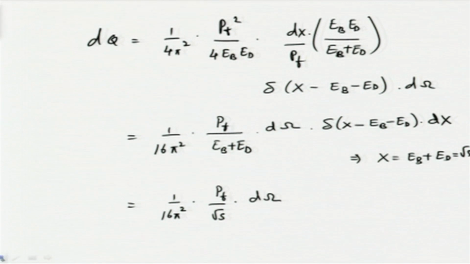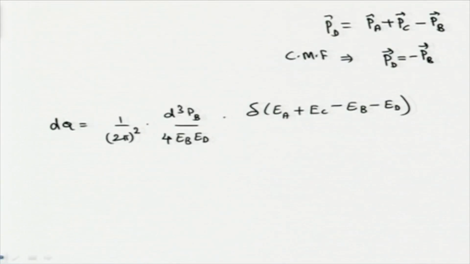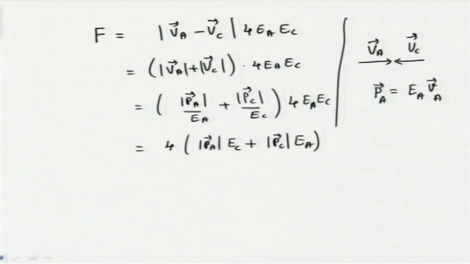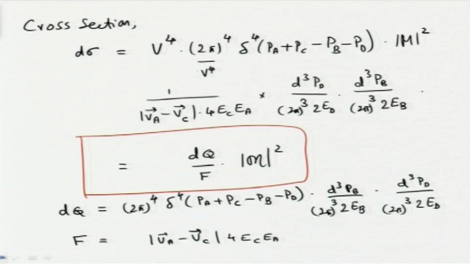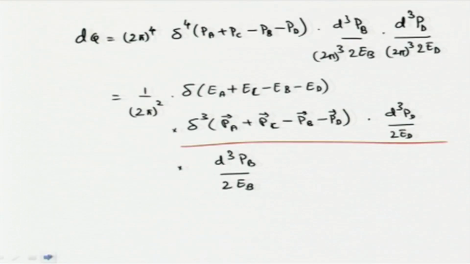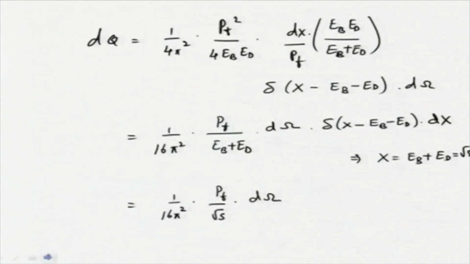And now, let us go back to the expression we had for the cross section. It is dQ over F, times M square, and F is essentially 4 pi root s. And dQ is 1 over 16 pi square, p_f over root s, d omega.